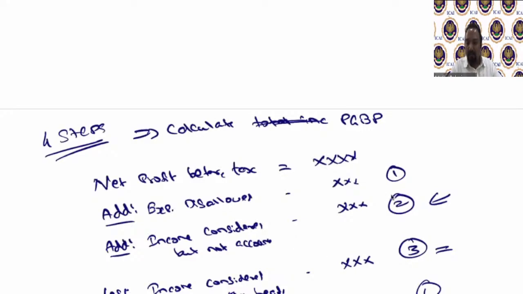Section 115BAC and regular tax: we have to opt for the lower. AMT and regular tax: we have to opt for the higher. See, we'll actually do it this way. I'll write a point. 115BAC, benefit of the assessee, whichever is beneficial to the assessee, regular tax.